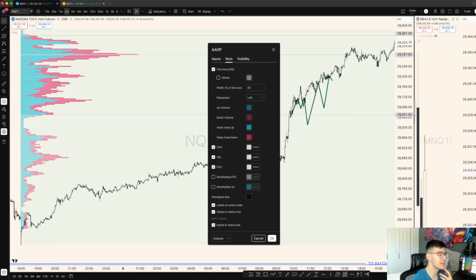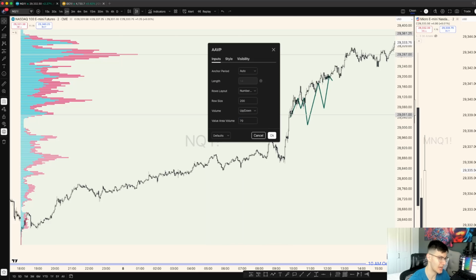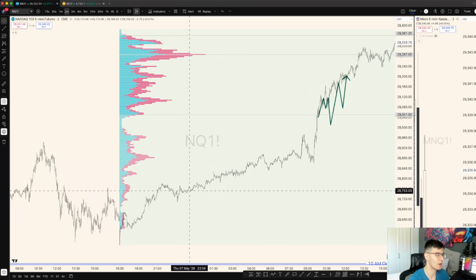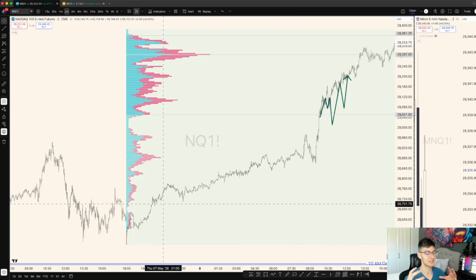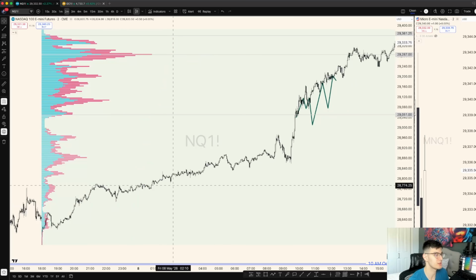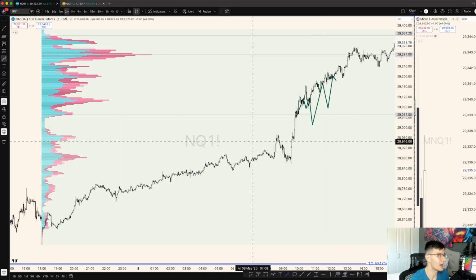So the VAL and the VAH stand for value area low and value area high. When you came over to the inputs tab, it asks what the value area volume is. So it's saying of the total volume traded, let's say 70% of it was in one range. The top of that range is going to be the value area high, which is drawn right here on this chart.